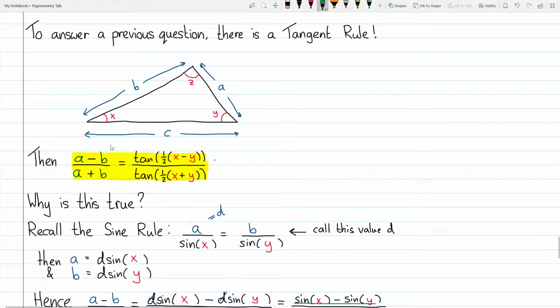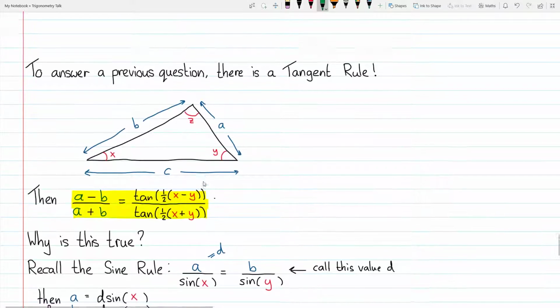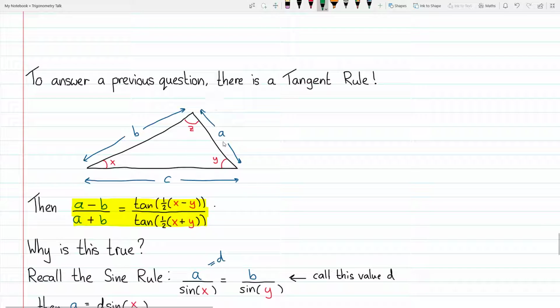And this is the tangent law, right? a minus b divided by a plus b is equal to this horrible looking tan of 1/2 (x minus y) divided by tan of 1/2 (x plus y). And so this identity holds for any triangle. So it's quite cool. I think it was quite nice. It's, again, responding to a question that was asked in a previous session.